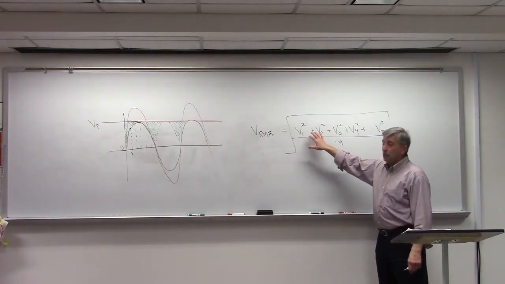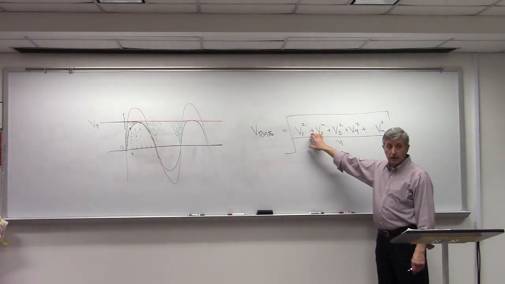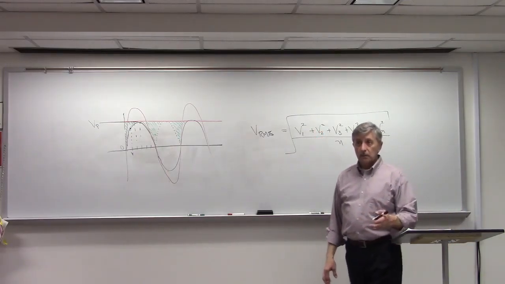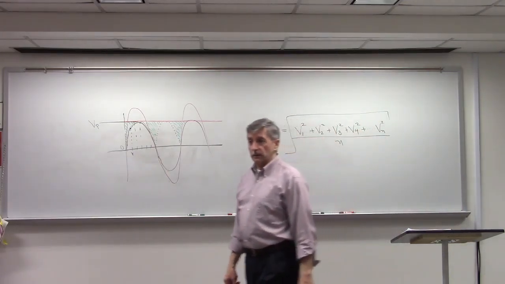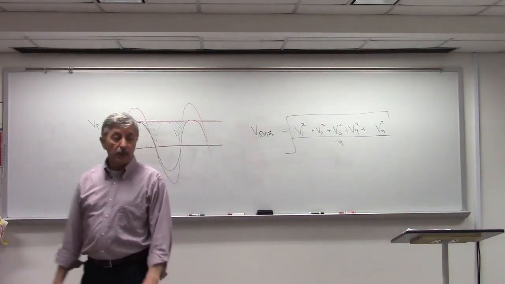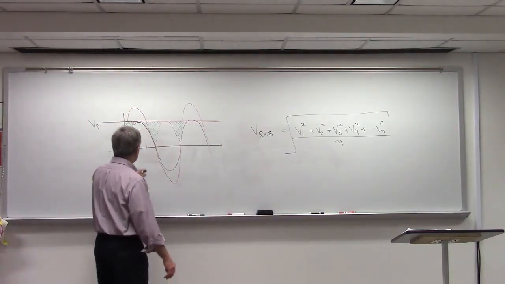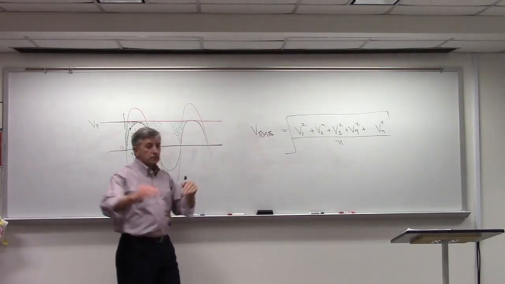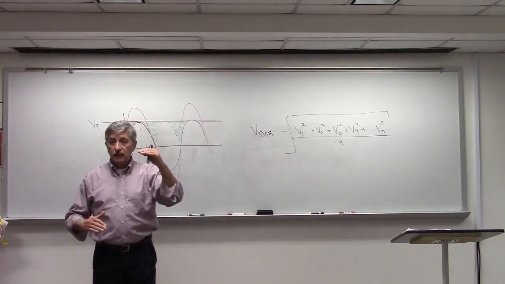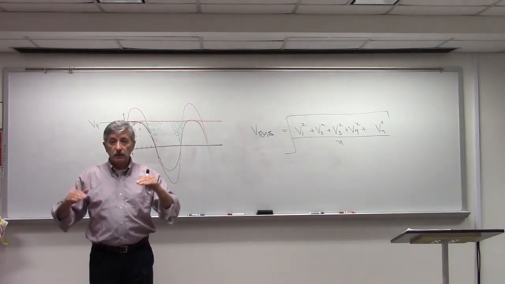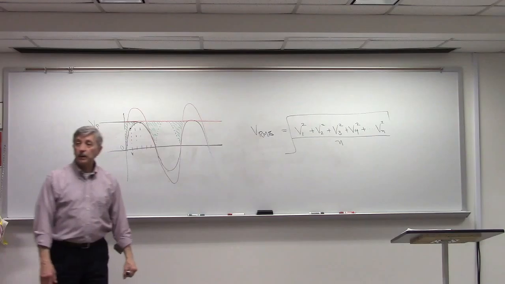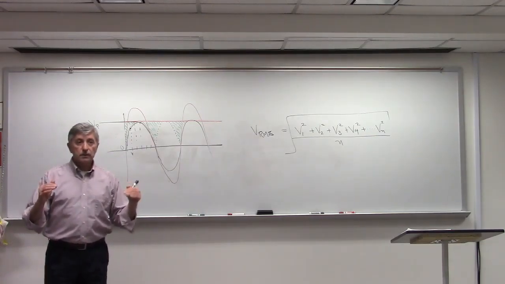And the more points that I analyze, the better my answer is going to be to the actual VRMS value, okay? So if I'm looking at 10 points, the actual value where the AC wave is equal to the DC wave is going to be very accurate. If I pick 20 points, even more so.